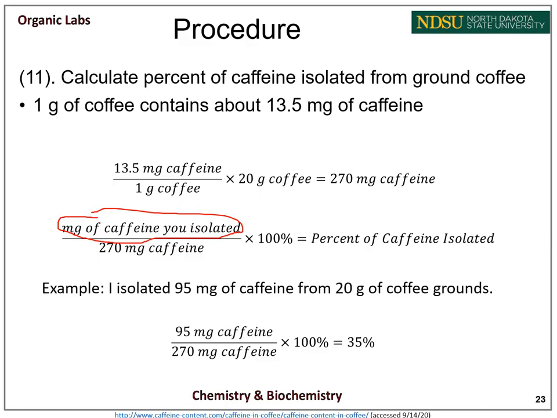I would take 95 milligrams of caffeine, divide that by 270 milligrams of caffeine, multiply by 100%, and that gives me 35%. And remember sig figs, so there's 2 sig figs here. That's because we used 20 grams of ground coffee and also that I isolated 95 milligrams of caffeine.